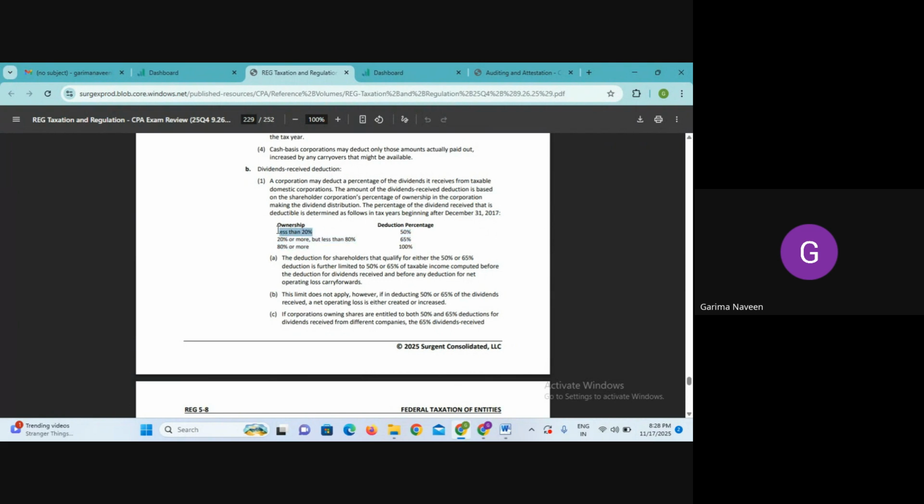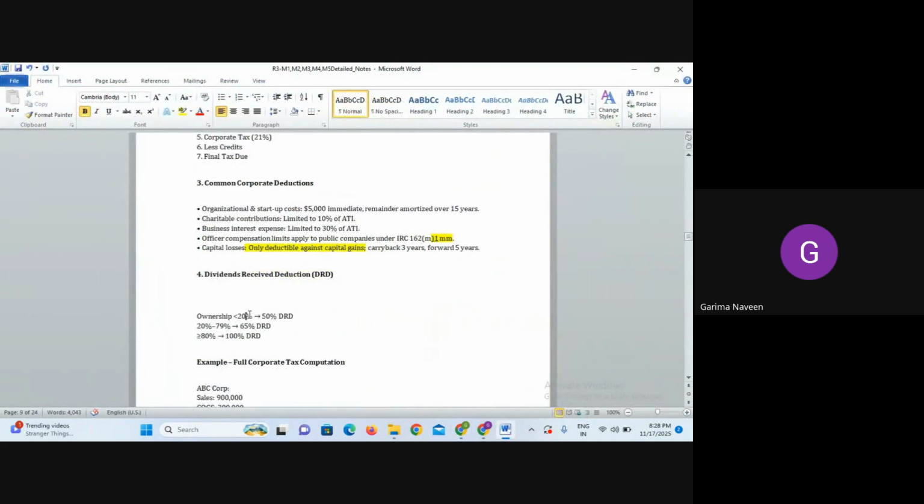Okay, so if you have less than 20% of ownership in another C corporation, then you can get 50% DRD on the dividend you are receiving. Okay, it means for 50% of the dividend you are receiving, you can get the deduction.